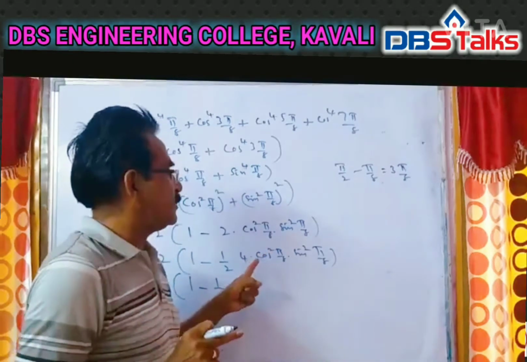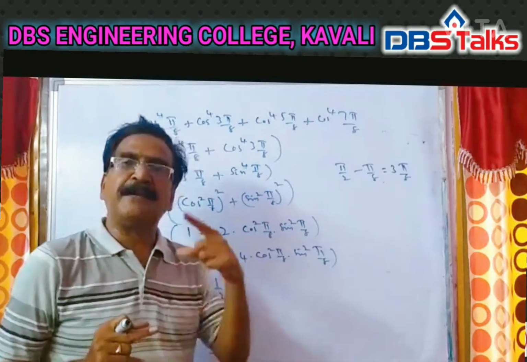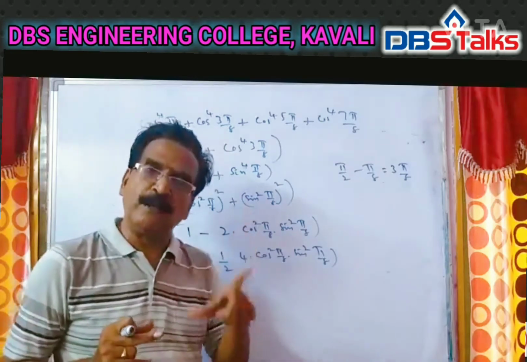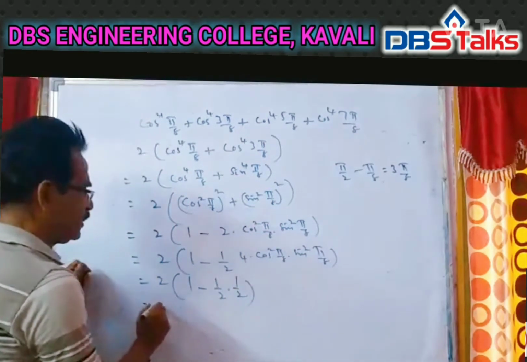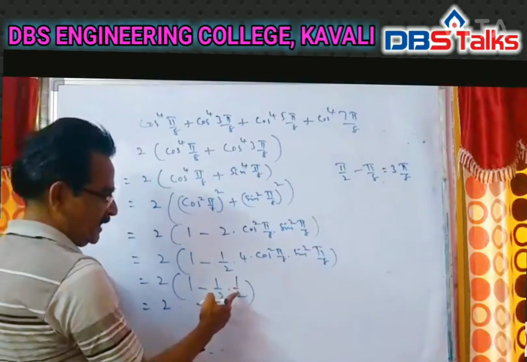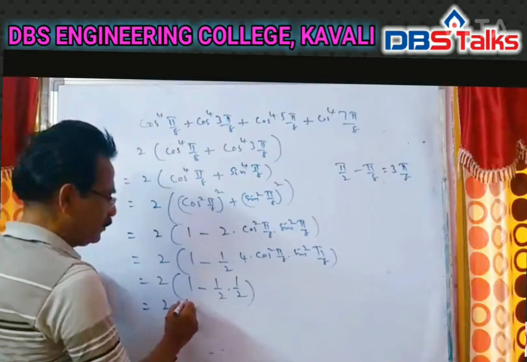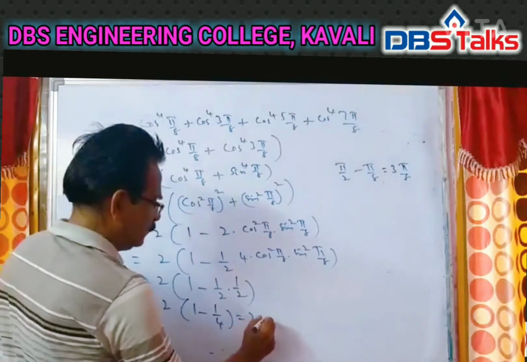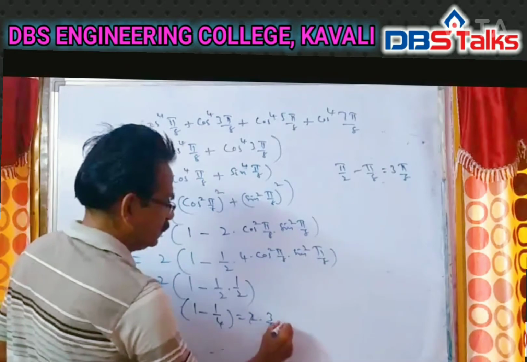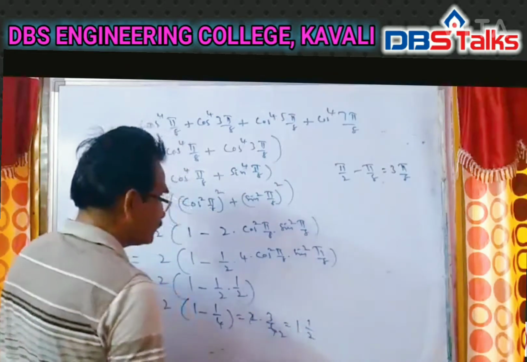Sin 2 theta means sin 2 into pi by 8, sin pi by 4 whole square. Sin pi by 4 is 1 by root 2, 1 by root 2 whole square means 1 by 2. So this is equal to 2 into 1 minus 1 by 4, so 2 into 3 by 4. So the answer is 1.5.